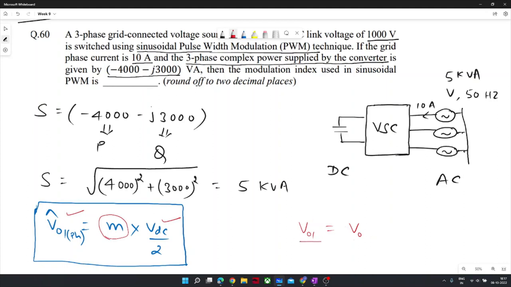V naught 1 is equal to V naught. I will give a hint. This relation has something to do with the grid side frequency. So, do you know whether the grid side has some harmonics or not? Anyway, let me go ahead.